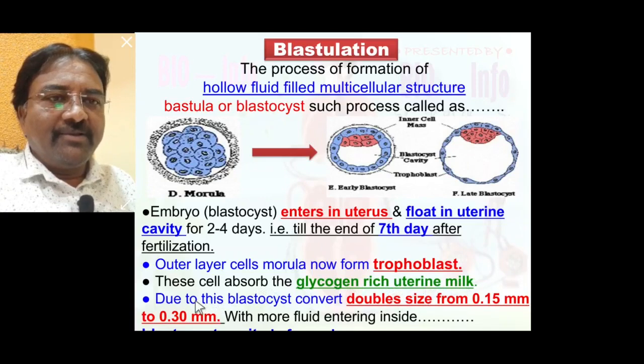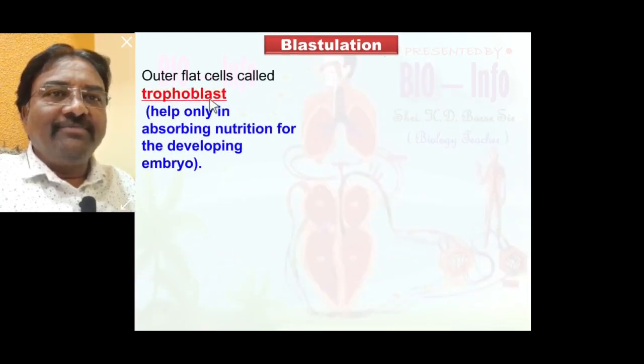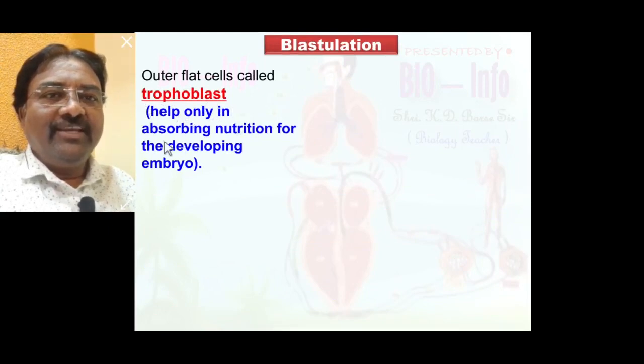Due to absorbing this milk, the blastocyst doubles in size from 0.15 mm to 0.30 mm, with more fluid entering inside it to form a large structure of the blastocyst. The outer flat cells, called trophoblasts, help only in absorbing nutrition for the developing embryo.